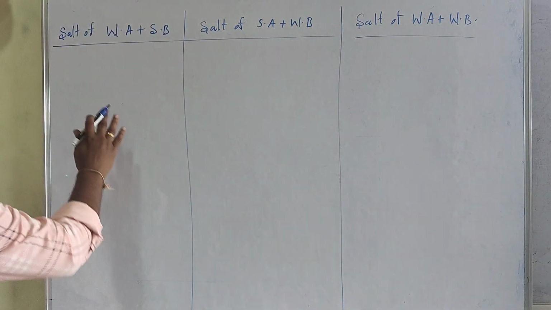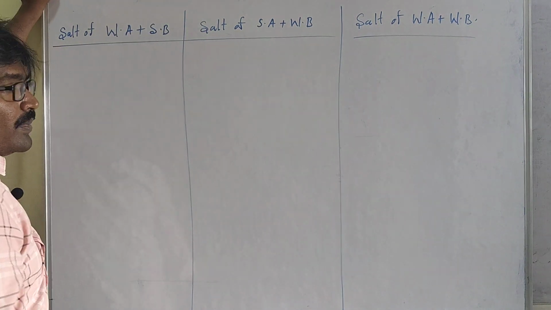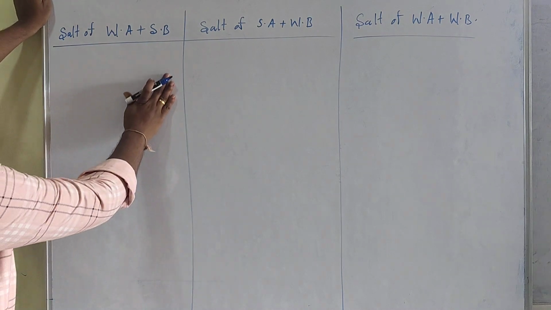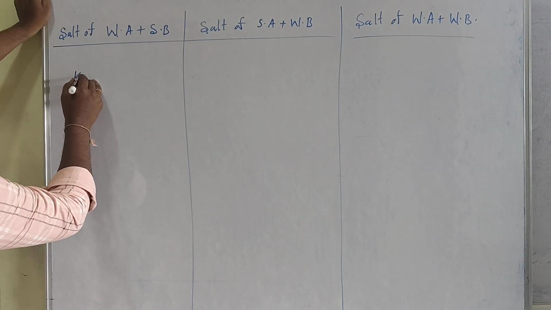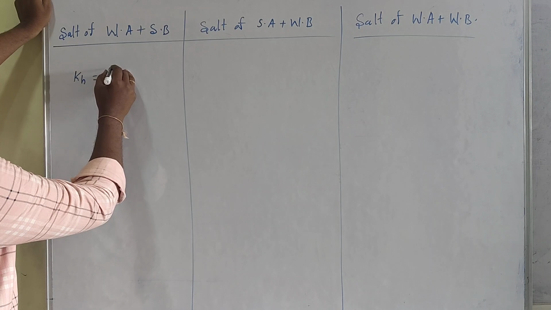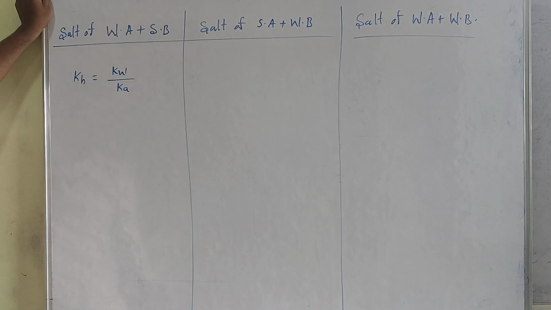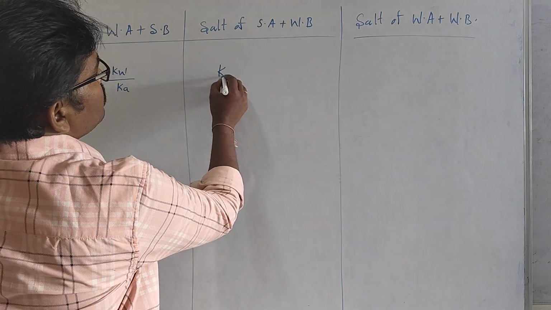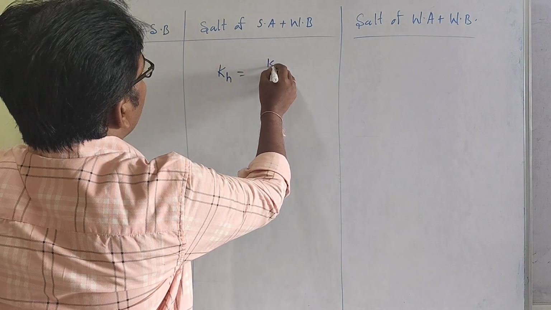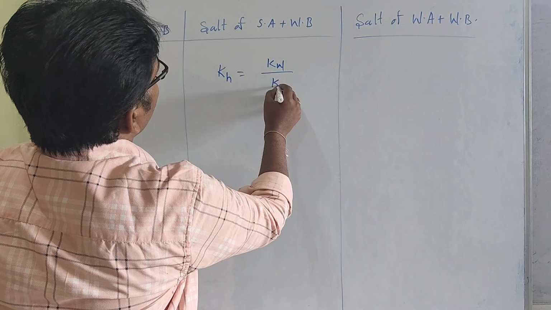Now look at this. First, the salt of weak acid and strong base: here Kh equals Kw divided by Ka. For the next, Kh equals Kw divided by Kb.